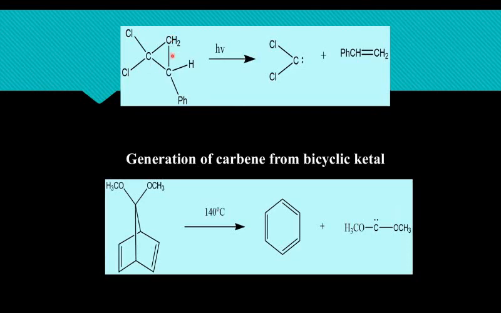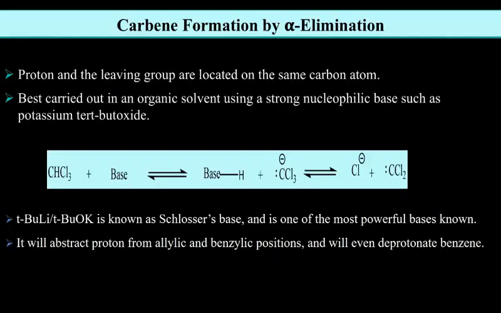When this cyclopropane derivative is subjected to light, dichlorocarbene is produced along with the elimination of an alkene. Bicyclic ketals, when heated at high temperature, can also produce benzene along with dimethoxycarbene.